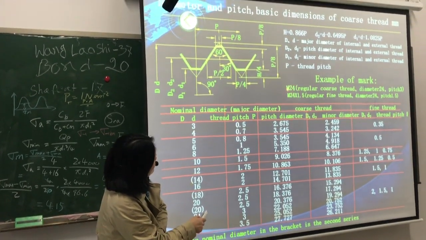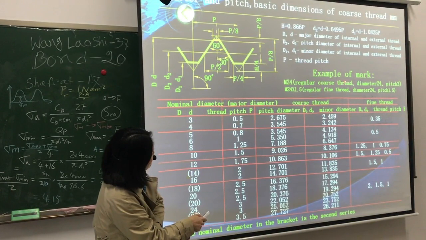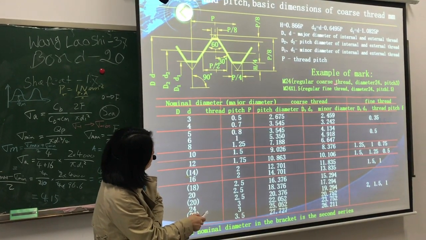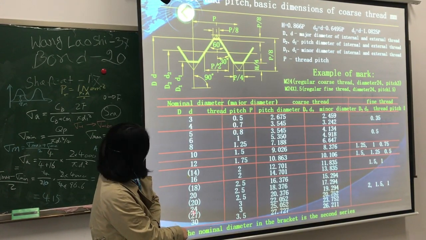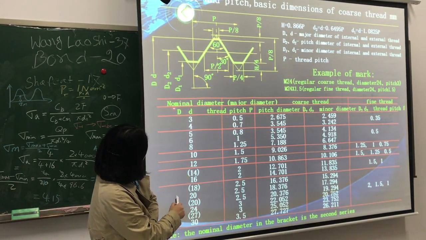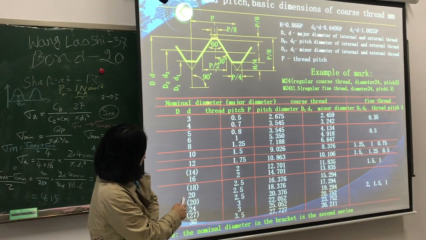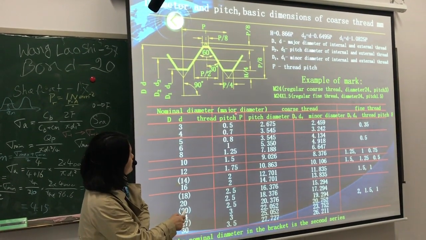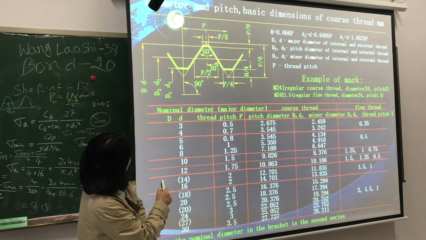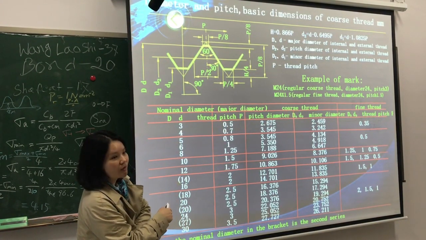M24 means the regular coarse thread. 24 is the nominal diameter, also the major diameter of the screw thread, okay?